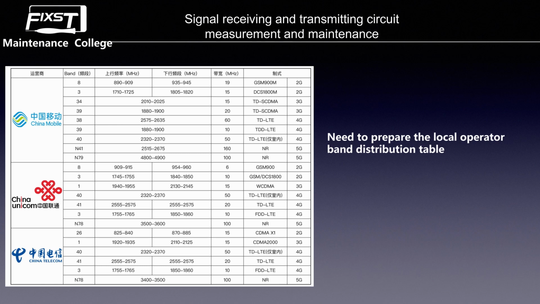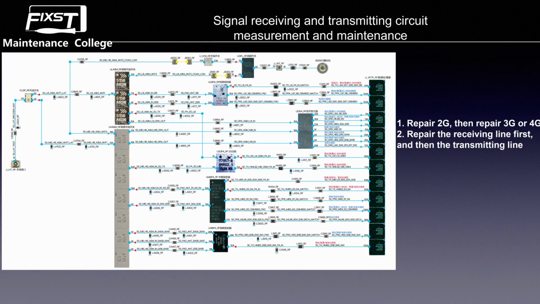You need to follow it and depend on it to make a table about your country, the local operators, the bands and frequencies. After you make this table, you can follow it to repair the signal problem. And in repairing the signal part, in principle, we need to repair the 2G first and then repair the 3G and 4G.